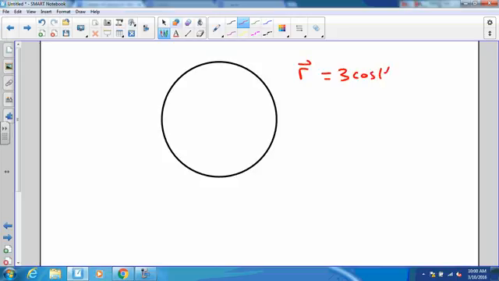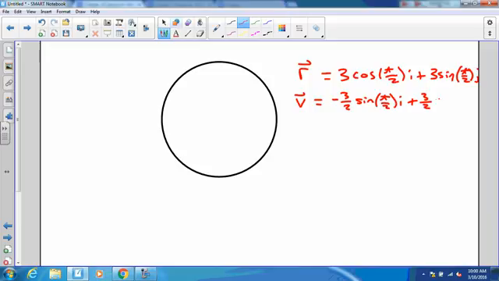Well, let's take all of this and put it back in the context of the circle. I want to review what we did with our circle. We started with a circle defined in terms of 3 cosine(t/2) i plus 3 sine(t/2) j. And we found the velocity vector by differentiating term at a time.